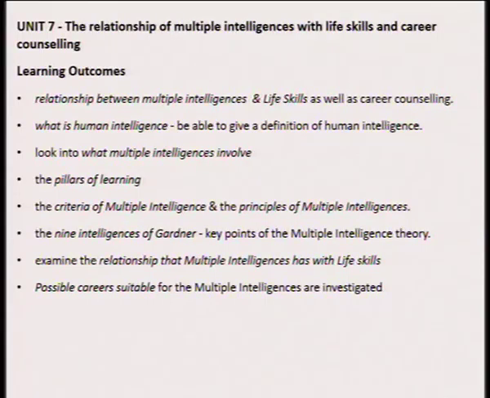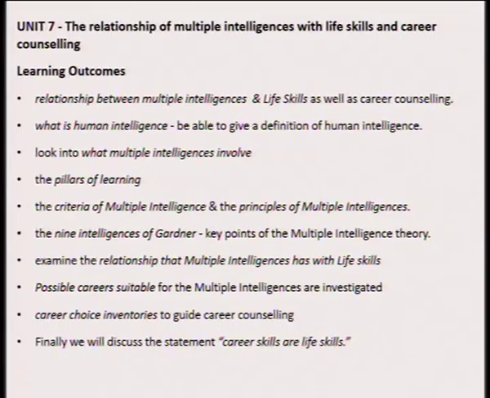The possible careers suitable for the multiple intelligences are investigated. In addition, career choice inventories to guide career counseling are discussed. And then finally, we need to discuss the statement that career skills are also life skills.